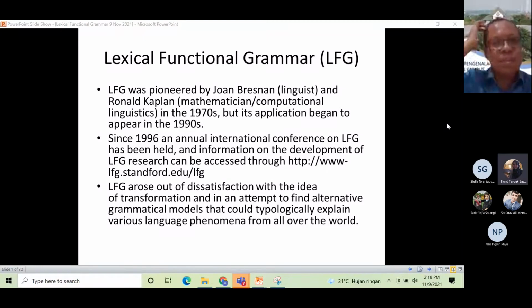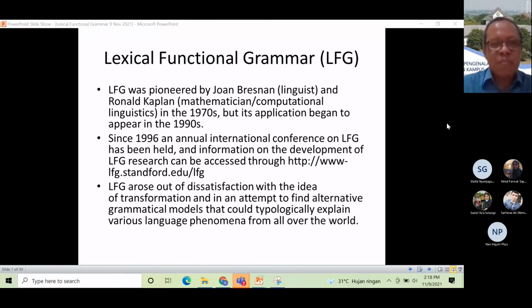Okay. So this is lexical functional grammar. Lexical functional grammar is a theory of grammar that was pioneered by Joan Bresnan, who is a linguist, and Ronald Kaplan. Ronald Kaplan is a computational linguist, his major is computational linguistics and mathematics as well.